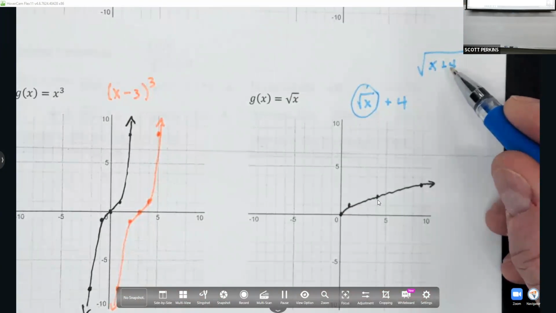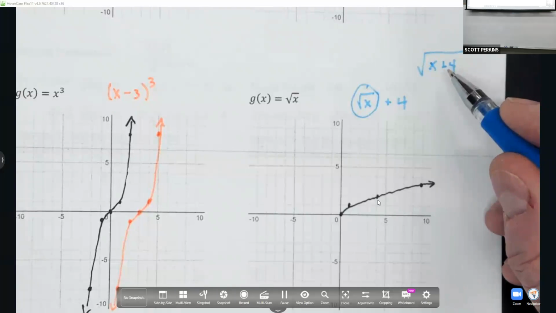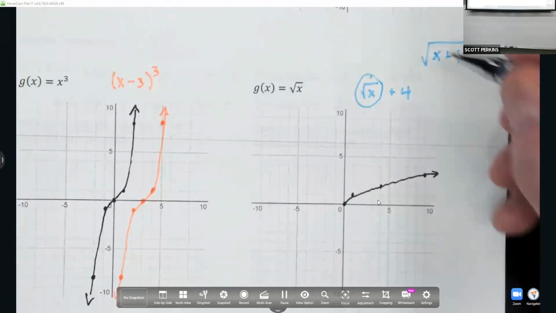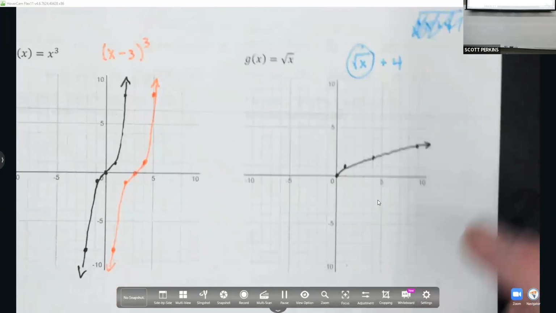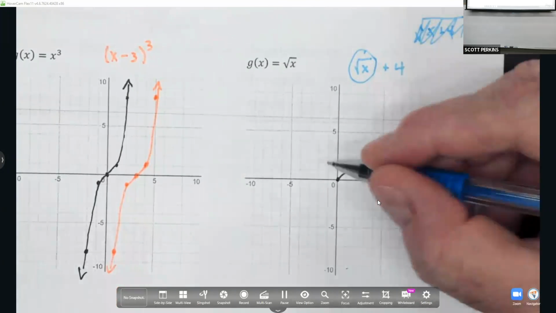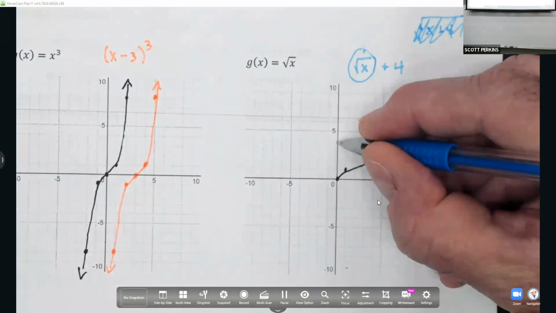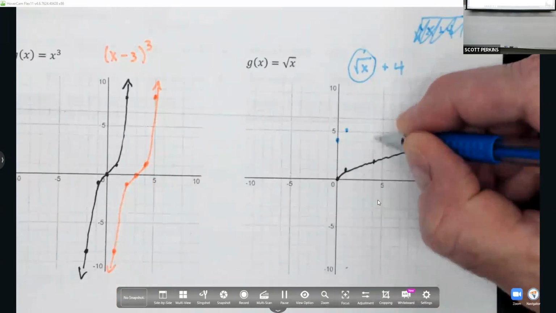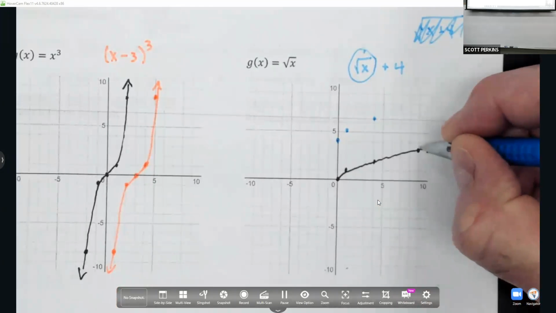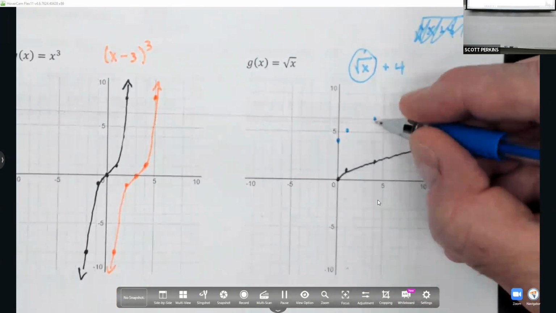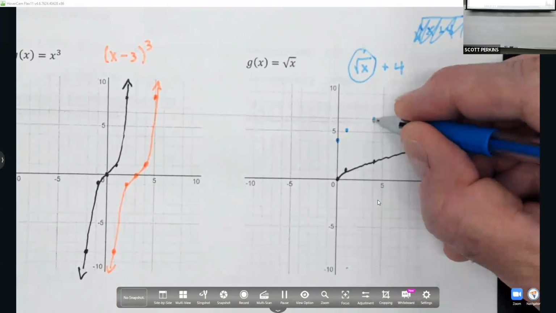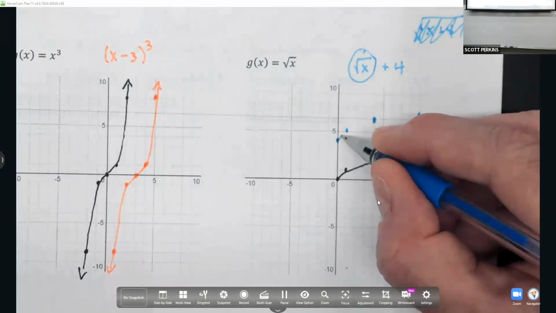That would be a horizontal translation. Does everyone see the difference? So that's not what I asked you to do. This is adding 4 to all the values. So again, 1, 2, 3, 4, and 4, and then 4, and then 1, 2, 3. That copier, I fell for it again. The copy machine did that to me.